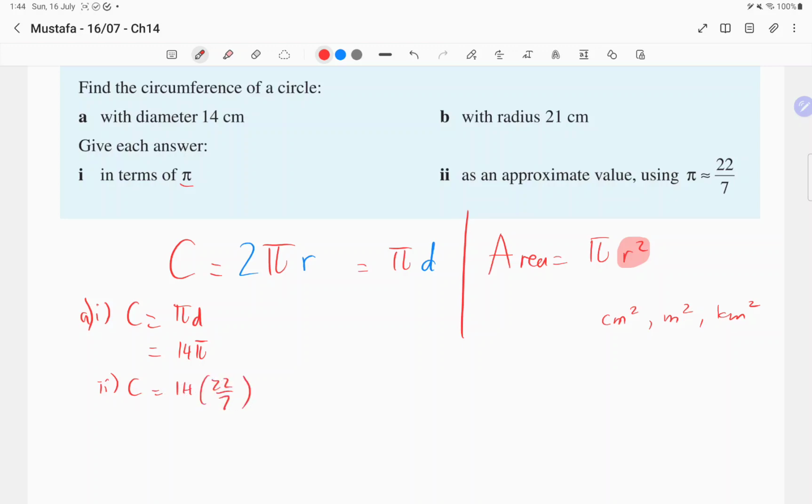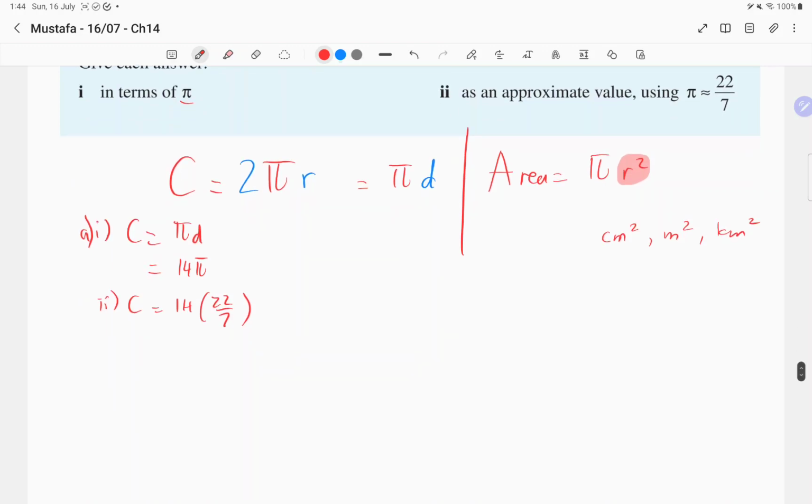When you multiply this, what do you do first? When you have a multiplication that involves a fraction, you always do simplification first. The 14 is just a whole number, so it's 14 over 1. You take any number on the top, like 14, and any number at the bottom, which is 7, that has a common factor.